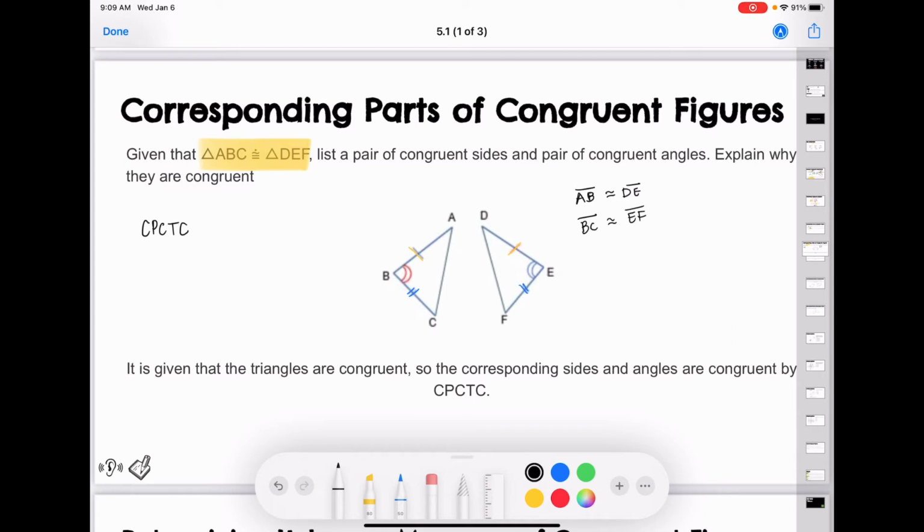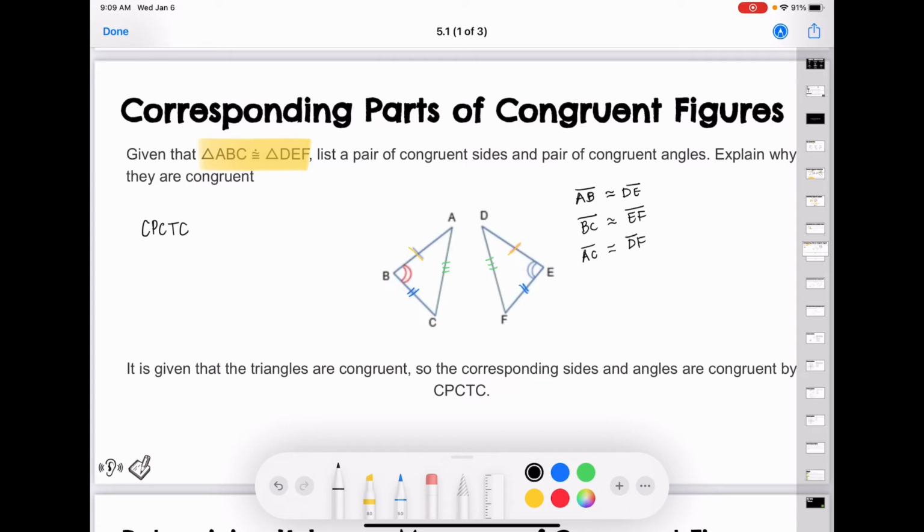It's also obvious that we would have our last one congruent to each other. So if we have two congruent sides, then it's reasonable to assume that the third side is also congruent. We have AC, which is congruent to DF.